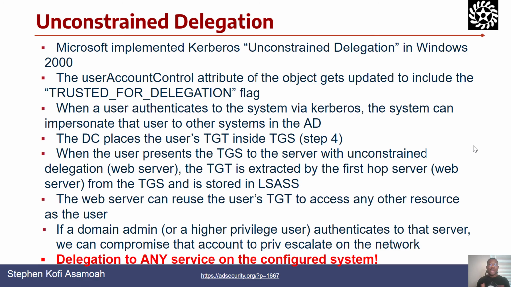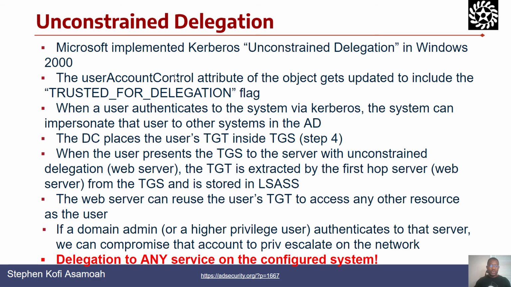Okay, so how do we identify systems with unconstrained delegation? Well, one of the key flags we want to see in a system when it has unconstrained delegation enabled is the trusted for delegation flag in the user account control attribute.